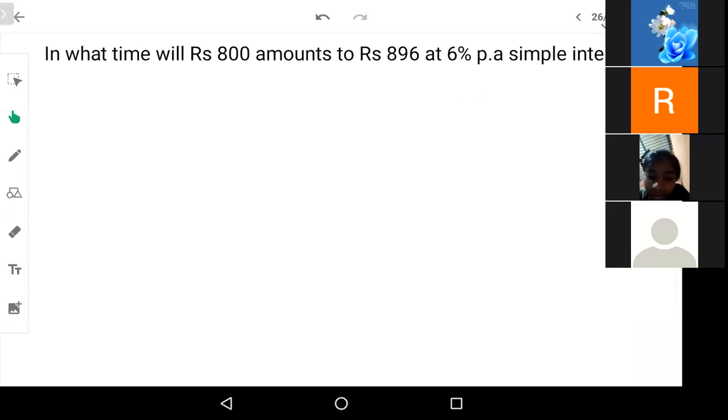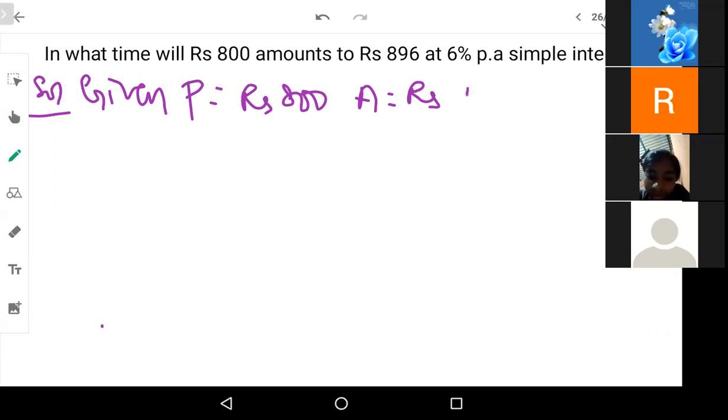So let us write what all is given to us in the first case. Solution: given, principal is rupees 800, amount is rupees 896, then R is 6%. We don't know what T is. T is not known.